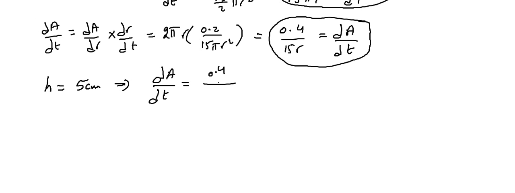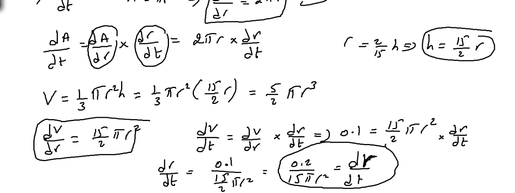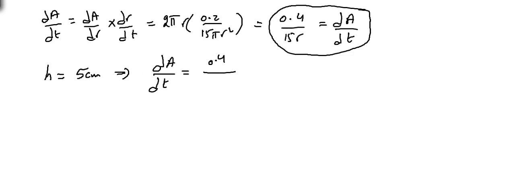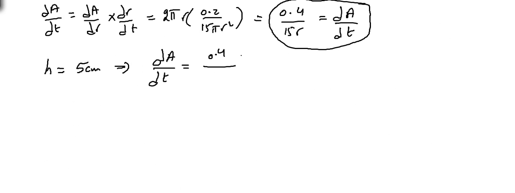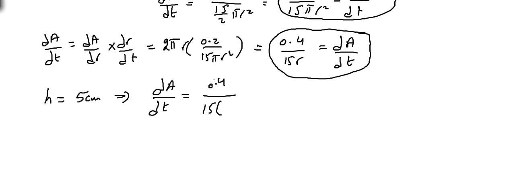So I have to change it again, right? I have to change the r again. What do we have in terms of height? R is 2 over 15 times height, right? So instead of r, I have to change again 2 over 15 times h, 15 cancel.